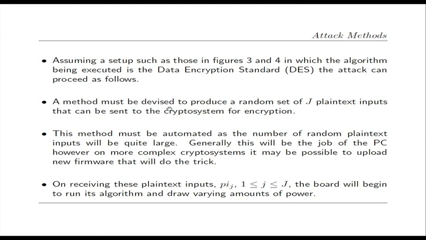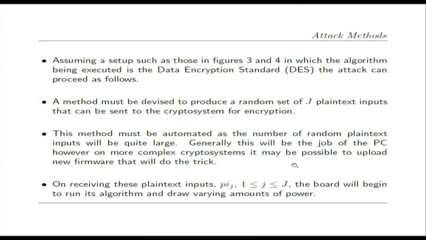The method must produce a random set of j plain text inputs, and that can be sent to the crypto system for encryption. This method must be automated, as the number of random plain text inputs will be quite large. Generally, this will be the job of the PC. However, on a more complex crypto system, it may be possible to upload new firmware that will do the trick.